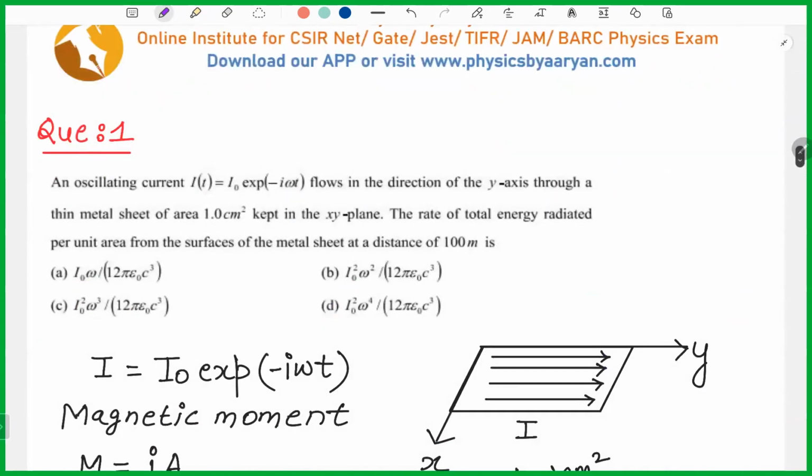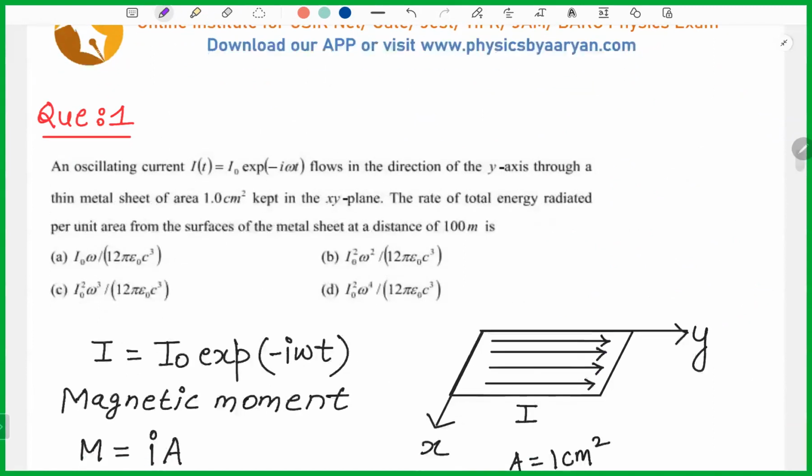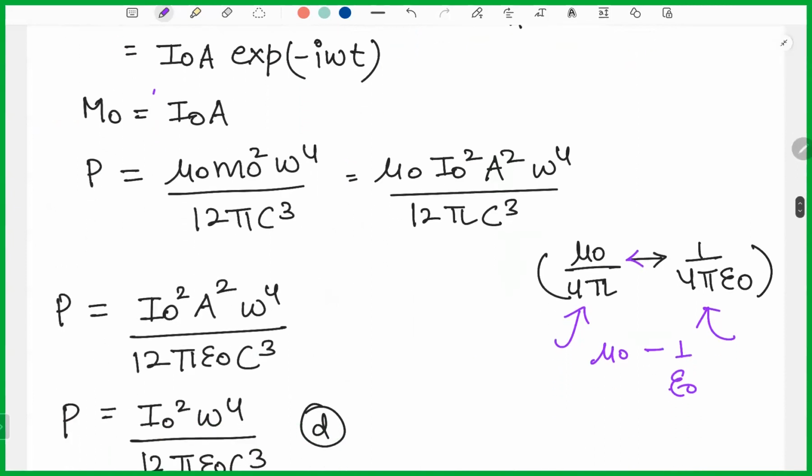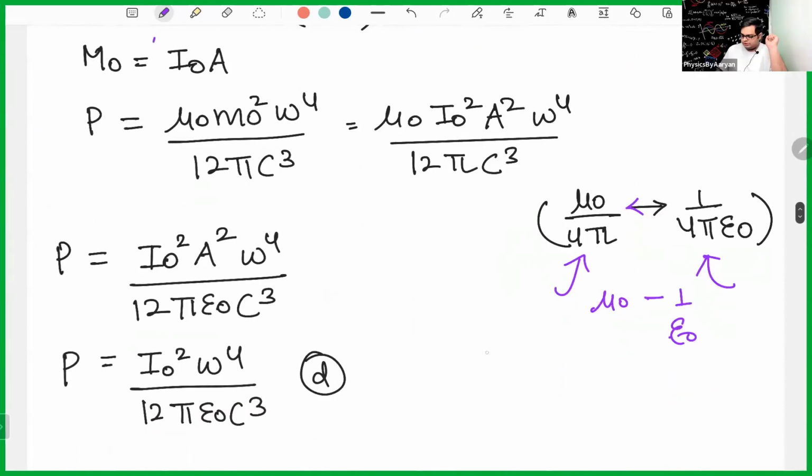Sir, can you explain again how you replaced mu 0 with 1 by epsilon 0? Yeah. There are two methods to go from one to the other. One is using this. Another is if I don't care about the exact numbers, then I can make an analogy.